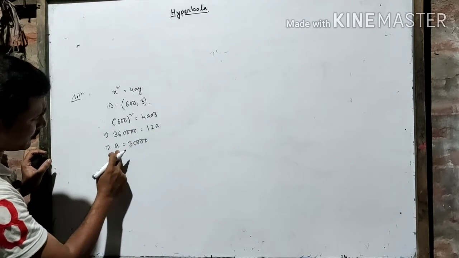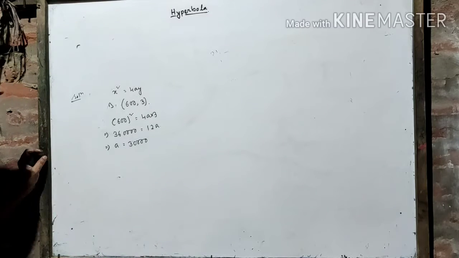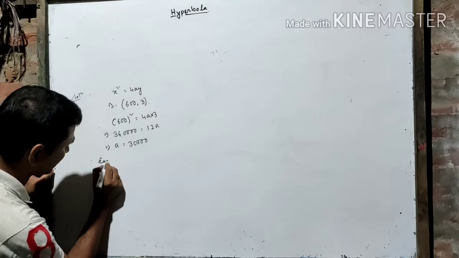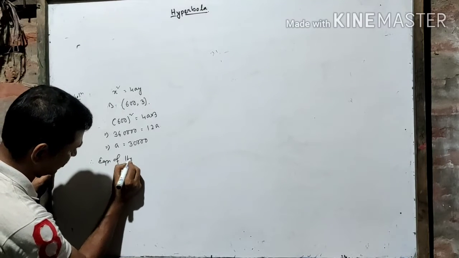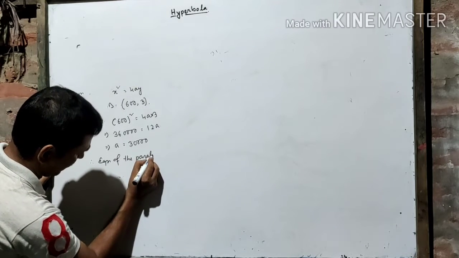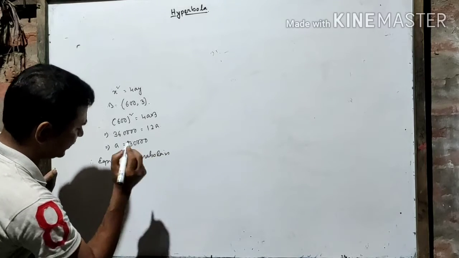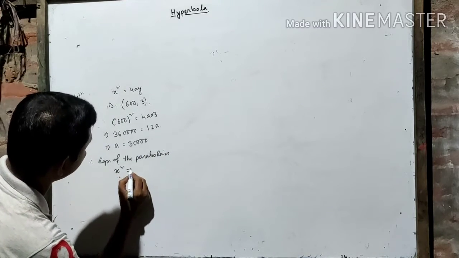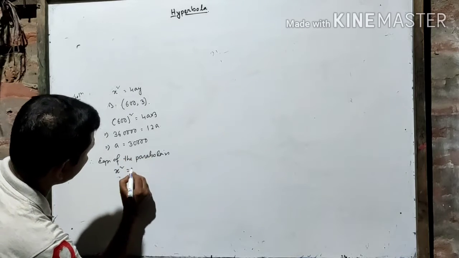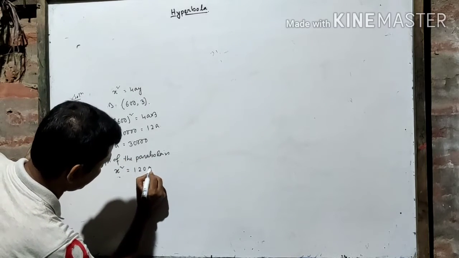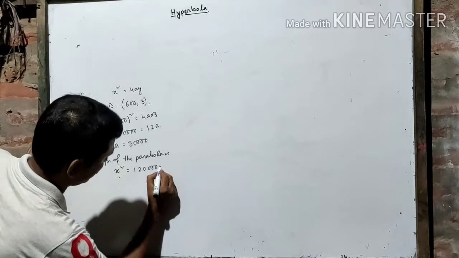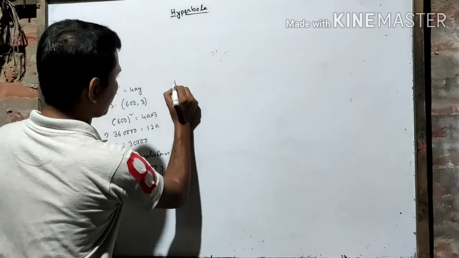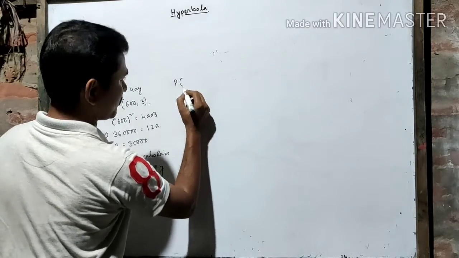So a will be 30,000. Therefore, equation of the parabola is x square is equal to 4 into 30,000, that means 120,000y.